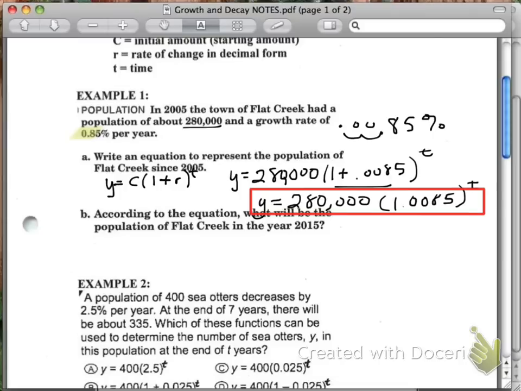Okay, the next part of this says, according to the equation, what will be the population of Flat Creek in the year 2015?